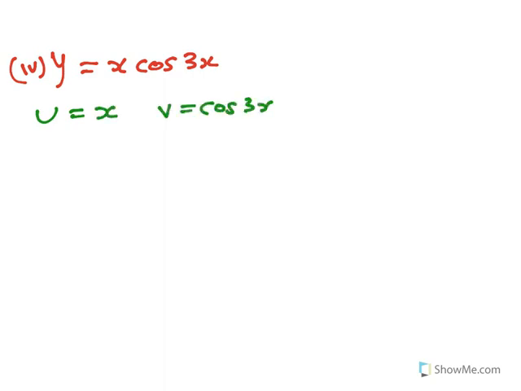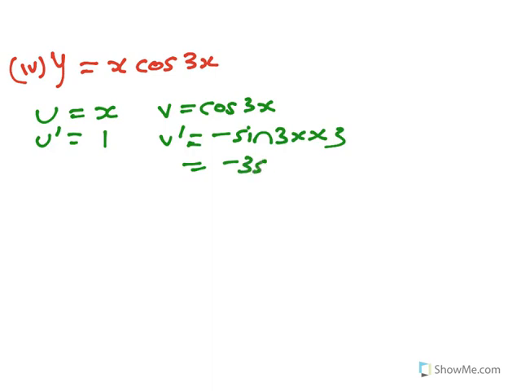Okay, so let's go number 4. So y equals x cos 3x. Alright, so that's a product rule. So u equals x, v equals cos 3x, u dash equals 1, v dash equals minus sine 3x times 3, so it's minus 3 sine 3x.